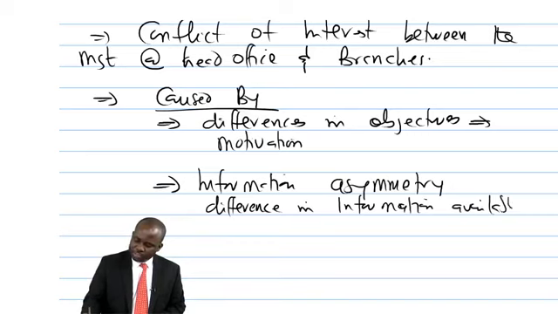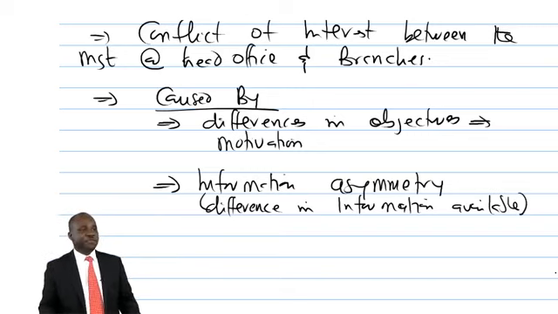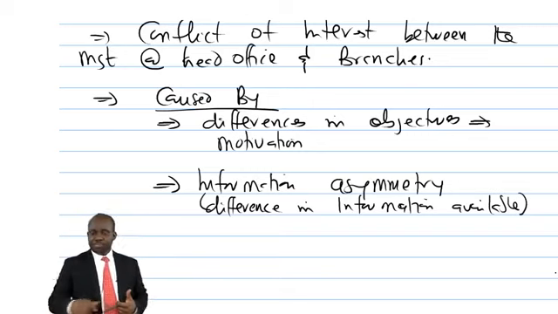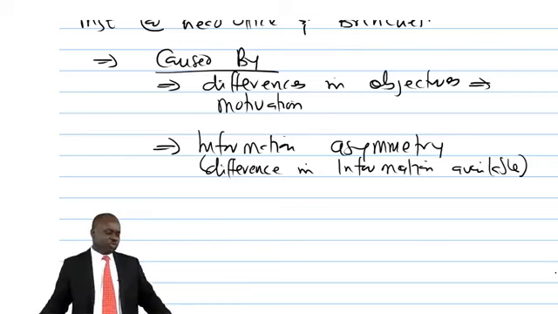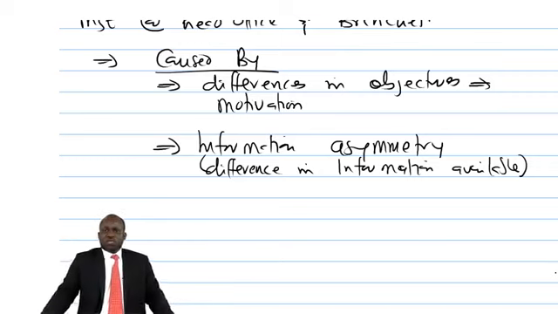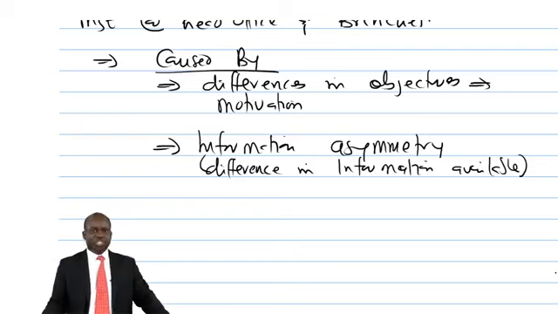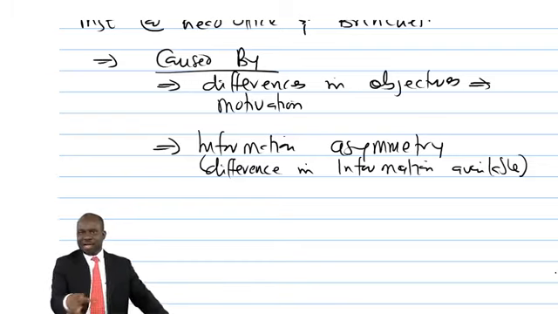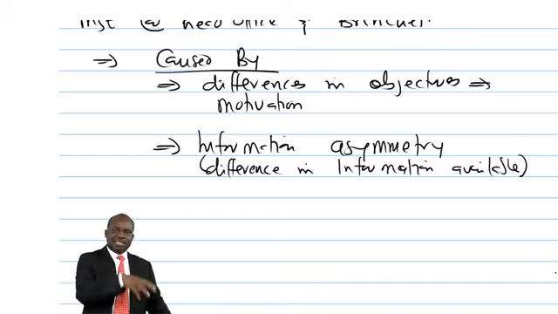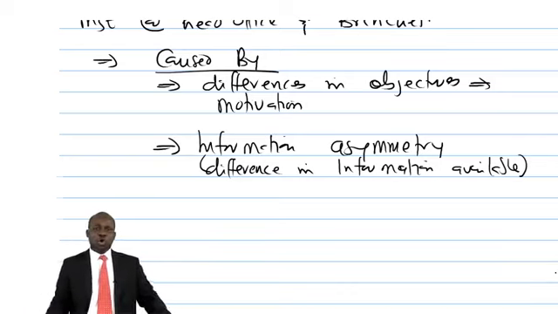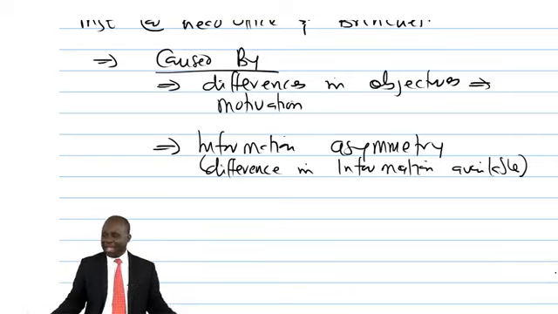For all things being equal, the head office managers will have more information than the branch manager. Me being in branch A, I'm not worried about what is going on in branch B. So when I'm taking a decision, I will take decision based on what I think is relevant here. Meanwhile, my actions in that department or that division might have impact on the other divisions. Do I care? I don't care.